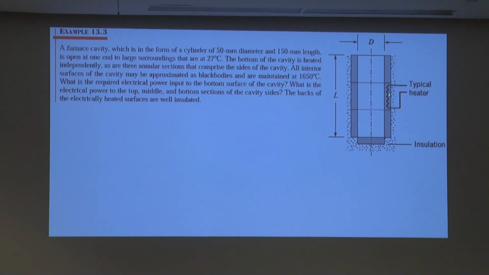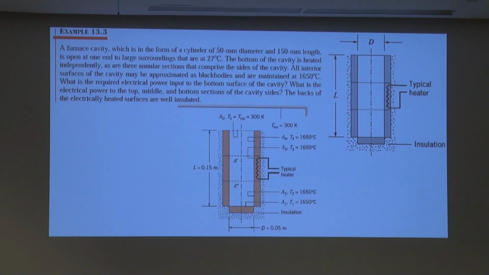So we would have 1, 2, 3, 4 heaters, and it is divided in 4. Typically, in this type of application, you would have a control system that keeps them at the right temperature, and you want all of them to be at the same temperature. So you want them all to be at 1650 degrees C.